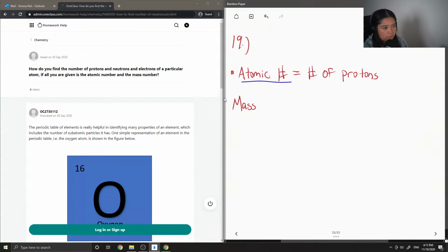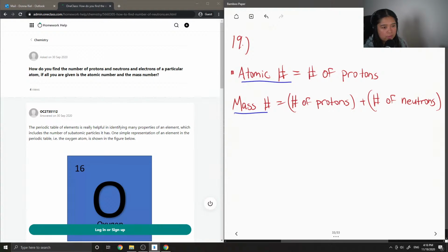And let's also recall that the mass number is equal to the number of protons plus the number of neutrons. So since we know the number of protons from the atomic number, in order to solve for the number of neutrons, it would just be the mass number minus the atomic number.